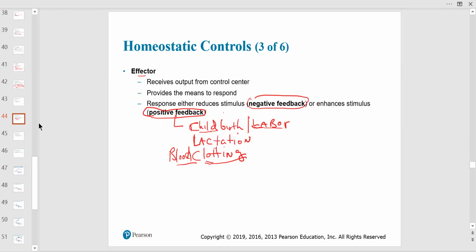So evolution might not have caught up to us there, where we're actually still clotting too fast, which can lead to cardiovascular disease, right? Just like blood pressure. People tend to have more hypertension, high blood pressure, than they do low blood pressure, probably because the mechanisms have not evolved to now.